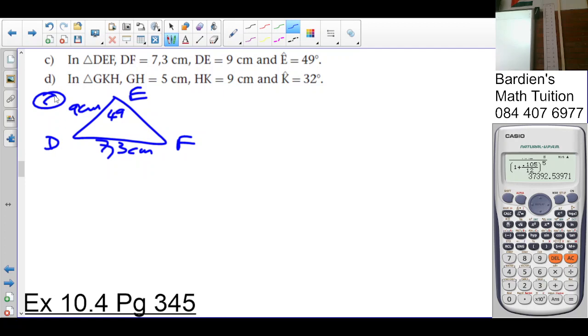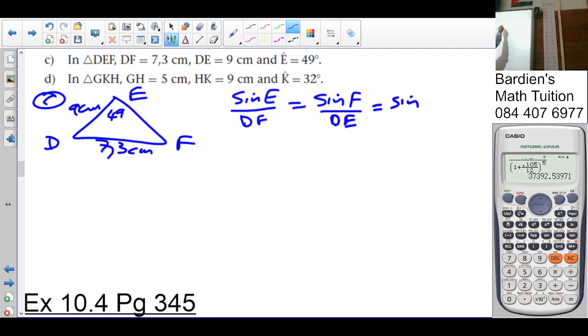Here we go. Let's set this up quickly. We're going to say that sine E over DF is equal to sine F over DE equals sine of D over EF.